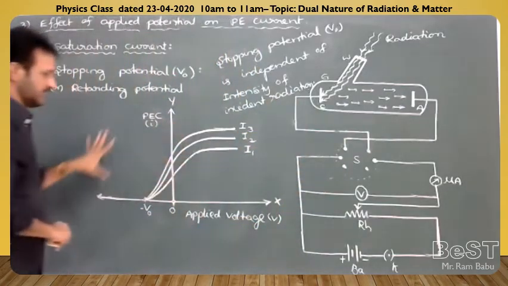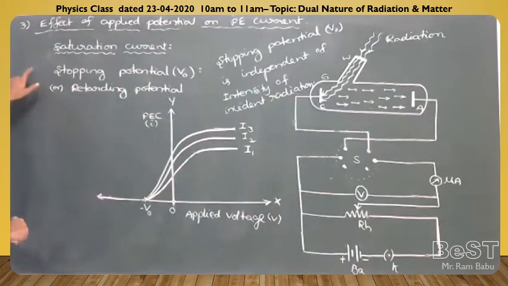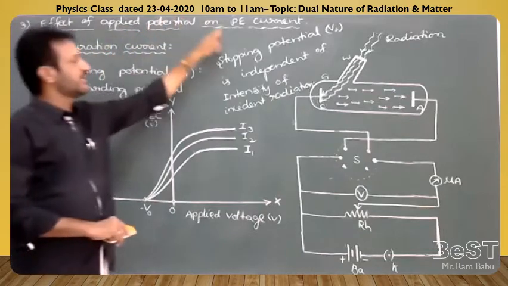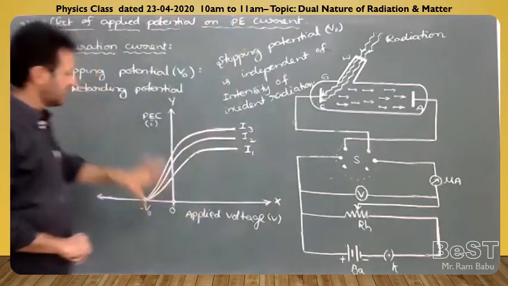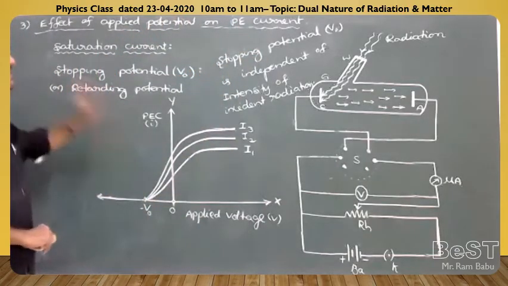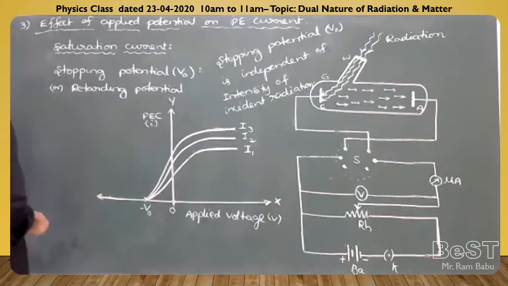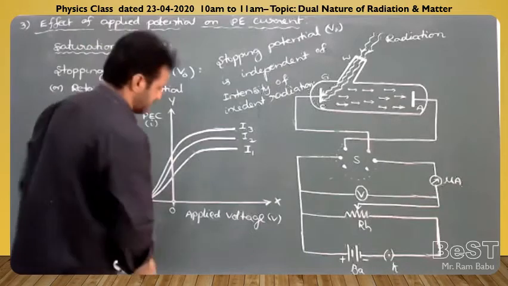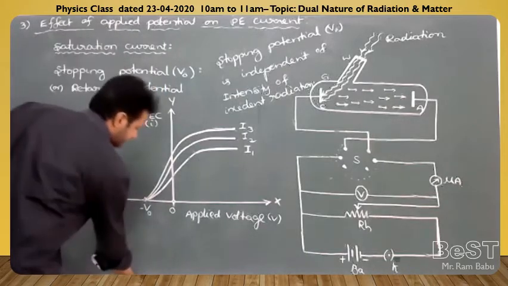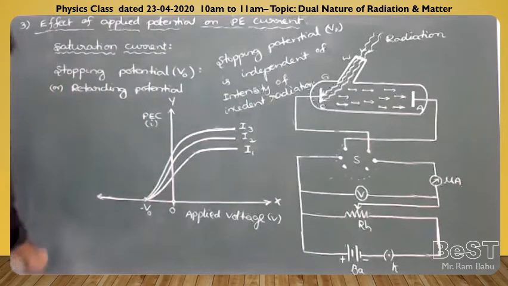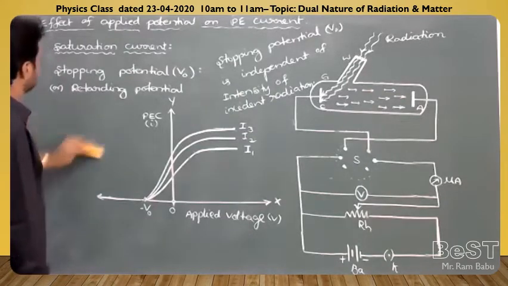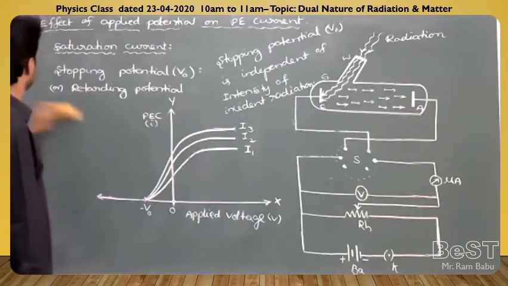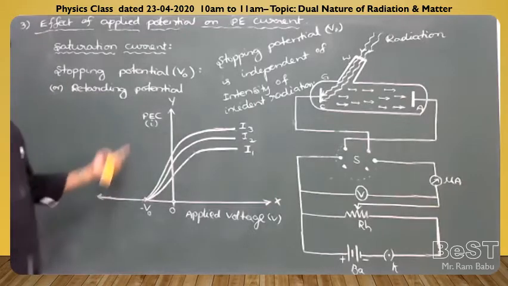So check this one. It is about the third observation, the effect of the applied potential on photoelectric current. That is a simple graph that you should also draw like this. And the next one, the effect of the frequency.